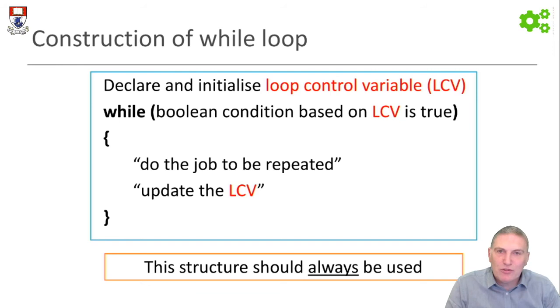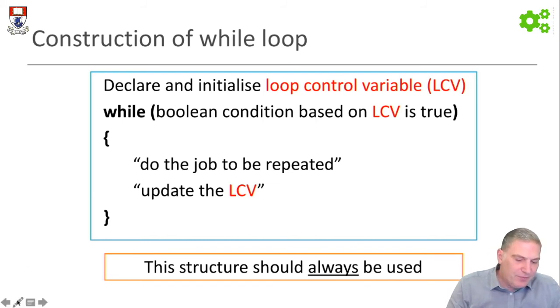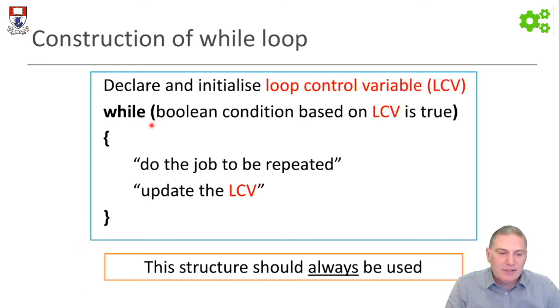So if we want to construct a while loop, we declare and initialize the loop control variable. Again, might be an idea to just make a note of this. LCV is shorthand for loop control variable. So we declare a variable first, then we have a while with a bracket.